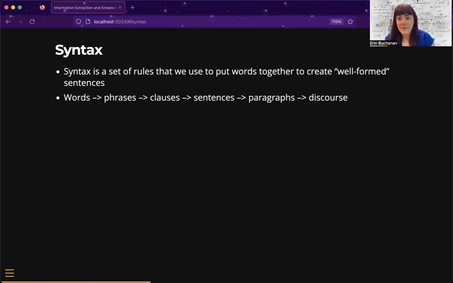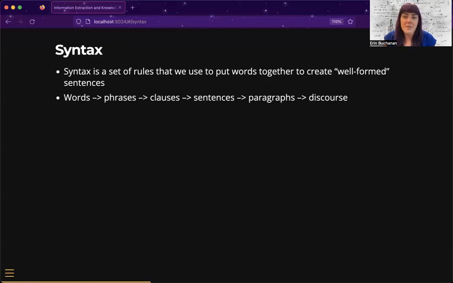So word order is very important for our understanding of meaning in most languages, where the actor, the person doing the action, is the first thing in the sentence, and the thing being acted upon, Scott kicked the ball, is the thing towards the end of the sentence. Okay? So word order, really important. Tensing on verbs, also really important marker. Okay? So syntax has a lot of components to it. It's not just word order.